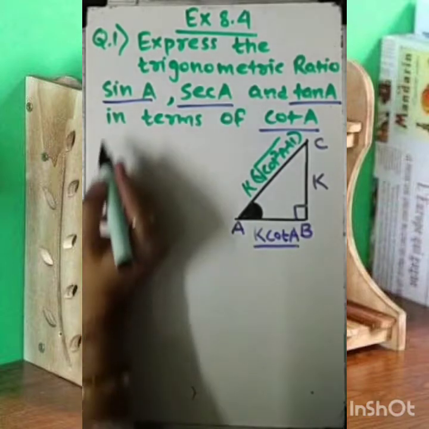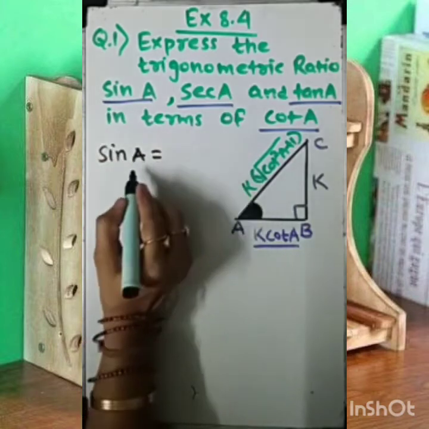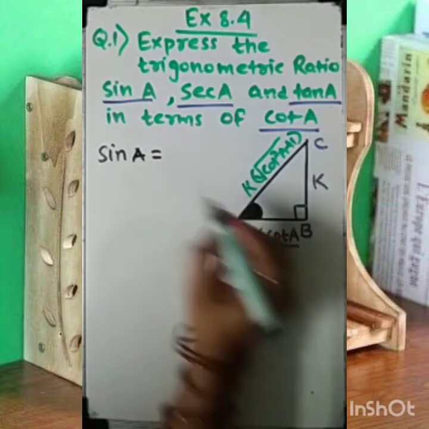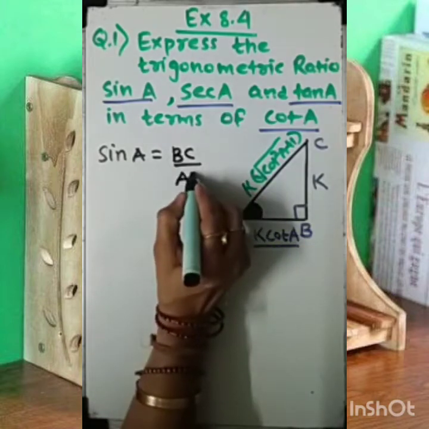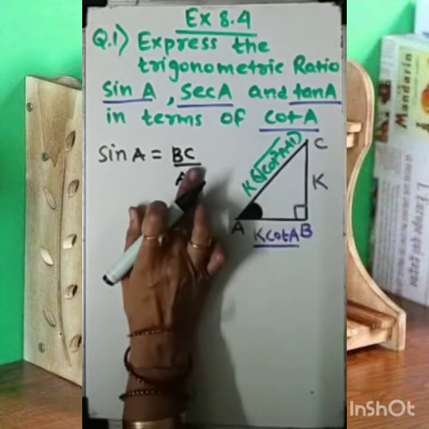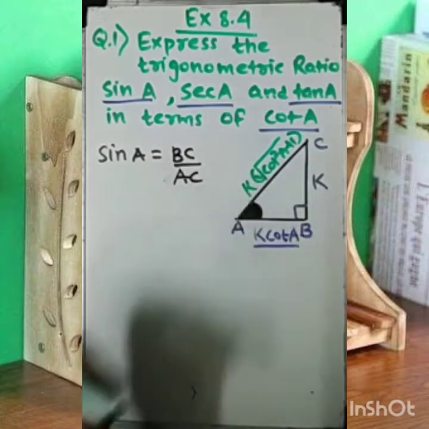So my dear student, the first value which we have to find is sine A. As we know that is P by H. So BC is perpendicular, by H means AC. Sorry, I am correcting AC.